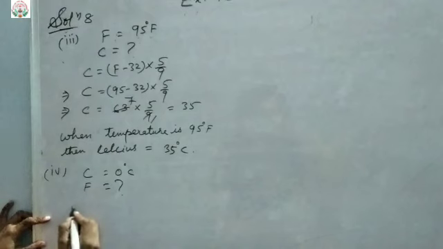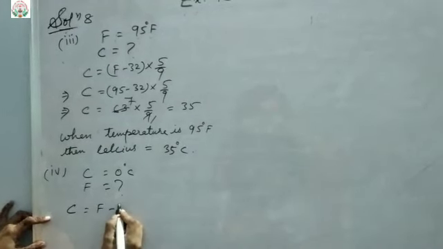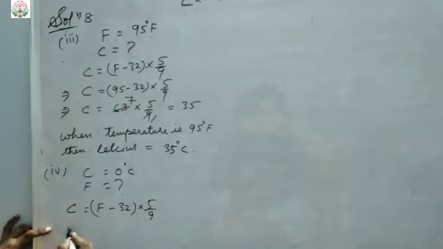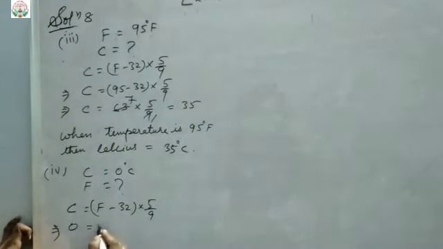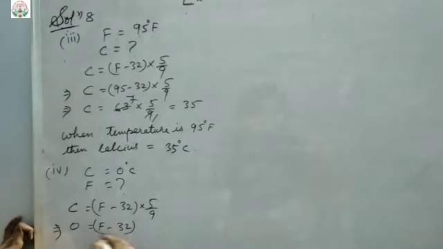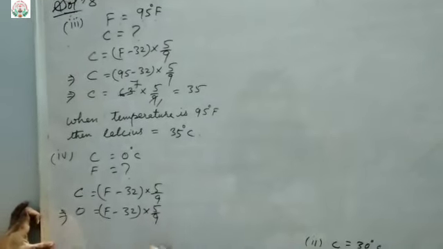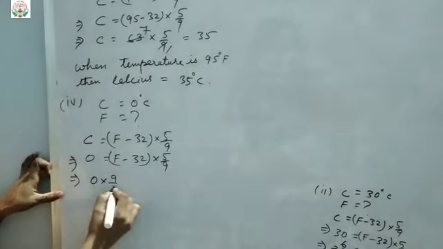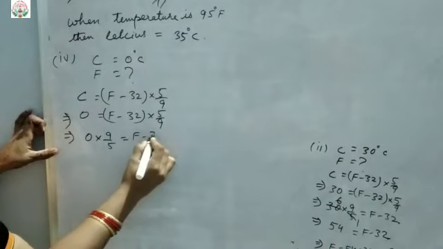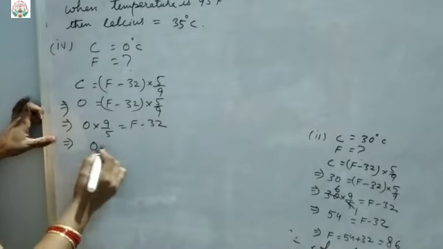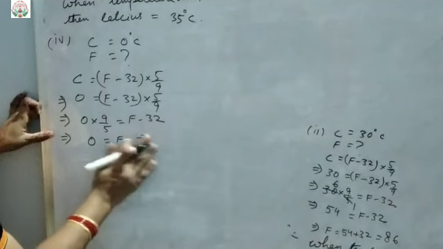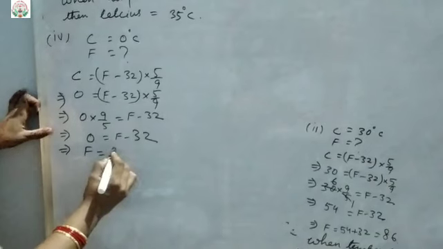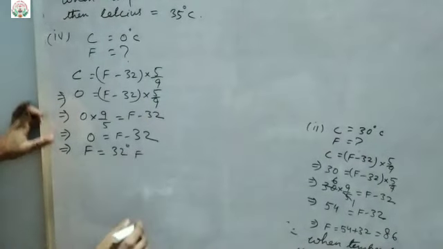Okay, same equation is given. So F minus 32 into 5 upon 9. Now put the values. 0 equals to F minus 32 into 5 upon 9. Cross multiply. So what it will be? 0 into 9 upon 5 equals to F minus 32 implies 0 equals to F minus 32 implies F equals to 32 degree Fahrenheit.